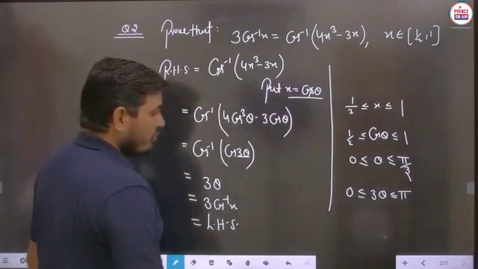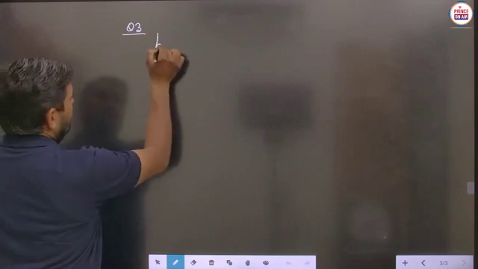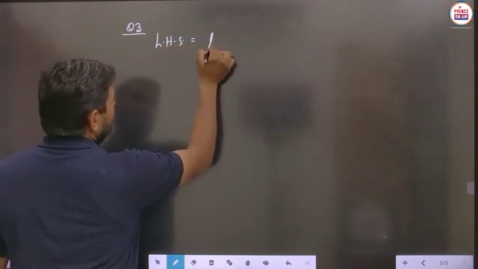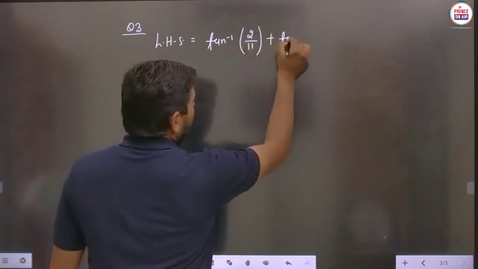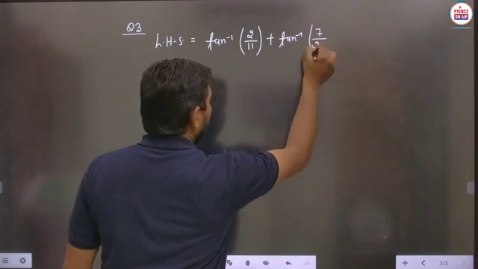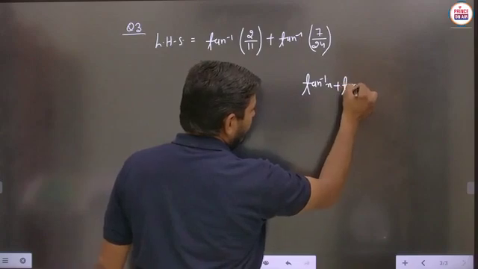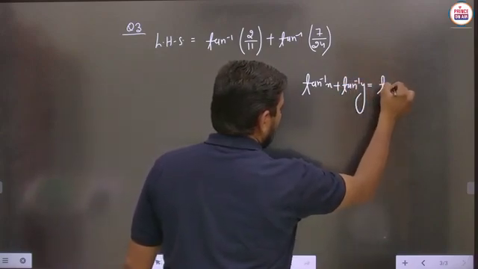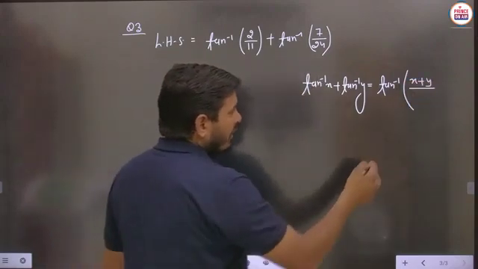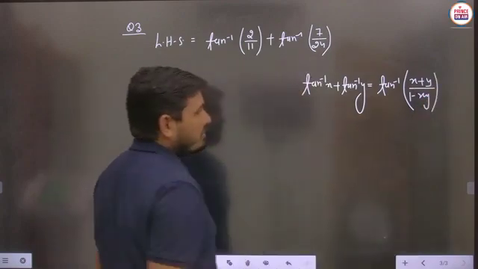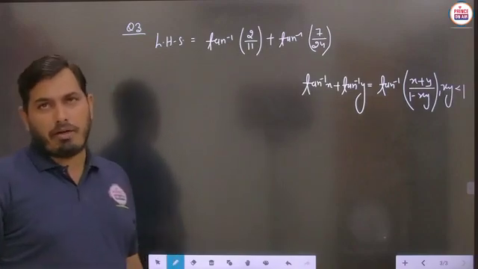So next, question number 3 we have to take here. In this question, we take the left hand side as tan inverse of 2 by 11 plus tan inverse of 7 by 24. Now you know very well this identity, tan inverse of x plus tan inverse of y should be written like this, tan inverse of x plus y upon 1 minus xy, and in this situation we are saying that xy is always found to be less than 1.